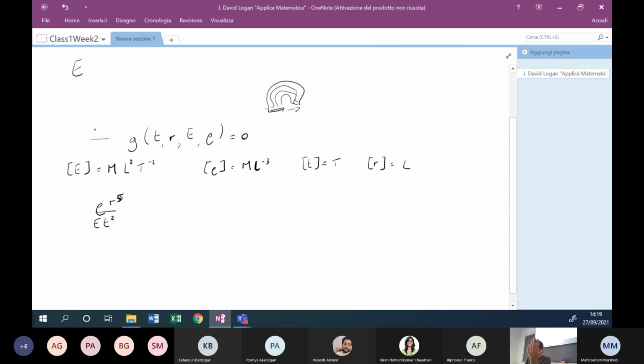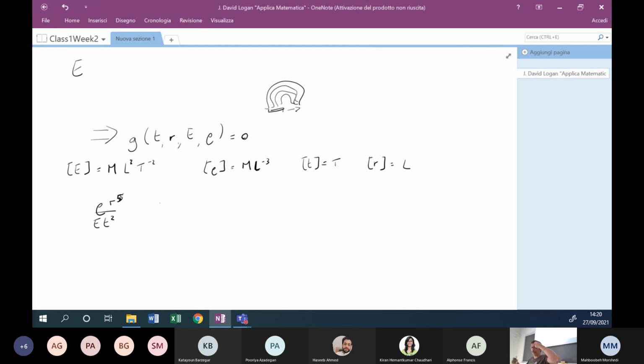It's like this G of T, R, E, and rho equal to 0. The Pi theorem tells you that this equation is equivalent to another equation which depends on other variables which you can build from your starting variables, but that are dimensionless.